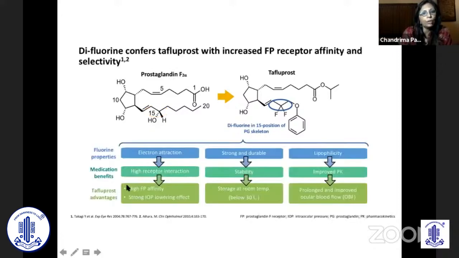What this does is electron attraction, high receptor interaction, high FP affinity, strong IOP lowering effect, strong and durable stability, storage at room temperature, and lipophilicity, improved PK, and prolonged and improved ocular blood flow.